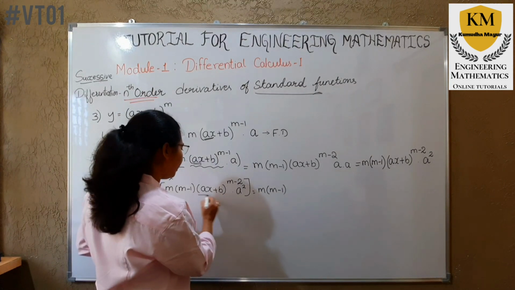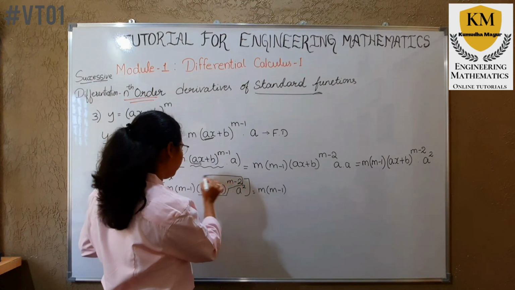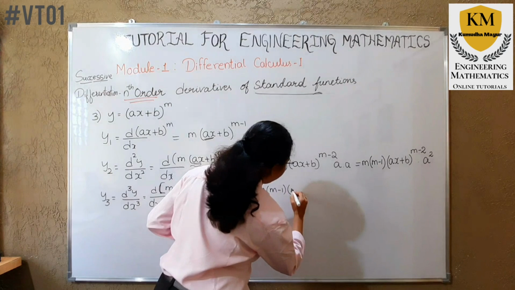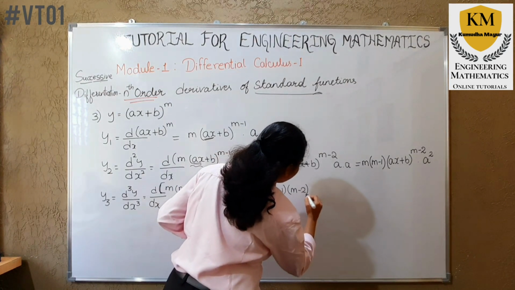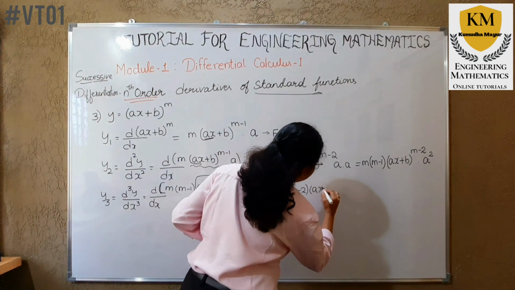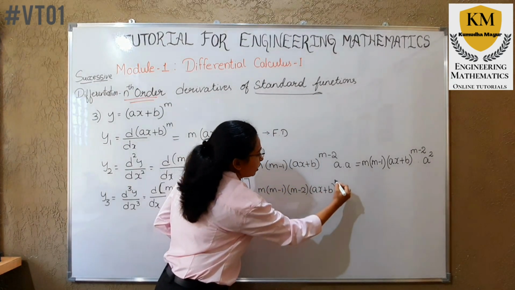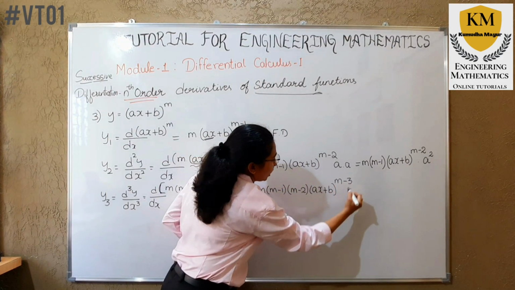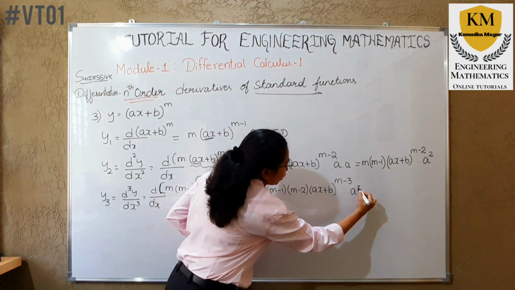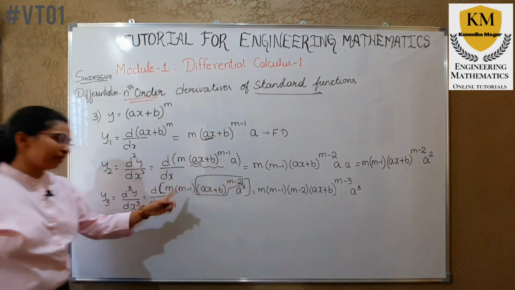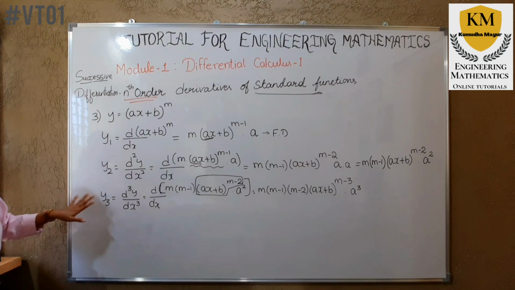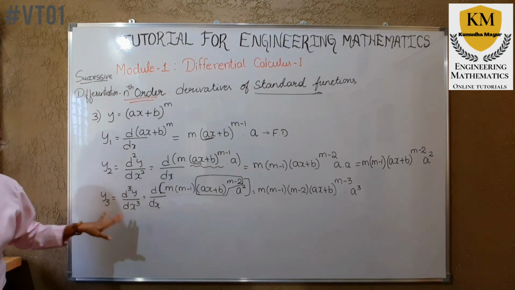And when you differentiate this part, you are going to get m minus 2 into (ax plus b) whole to the power m minus 3 into a cube. Let me explain this once again. So this is the third order derivative, d cube y by dx cube.